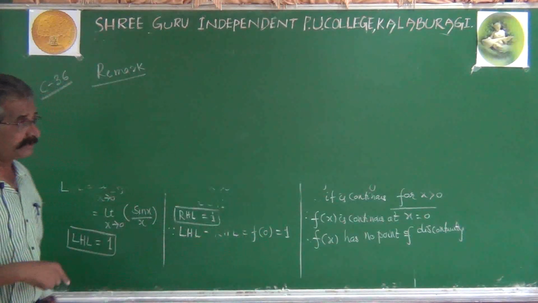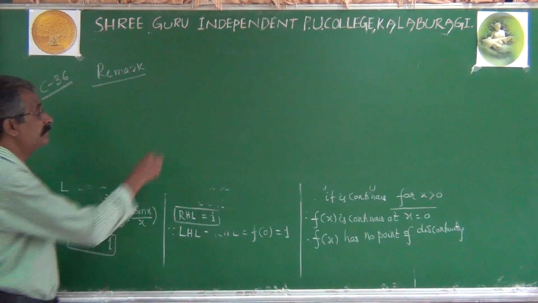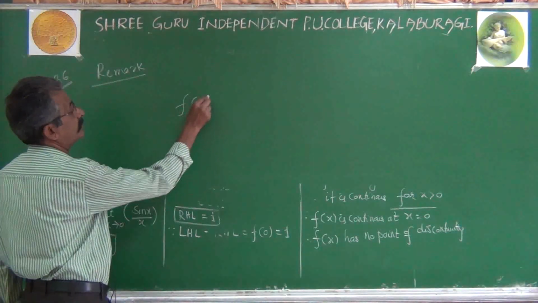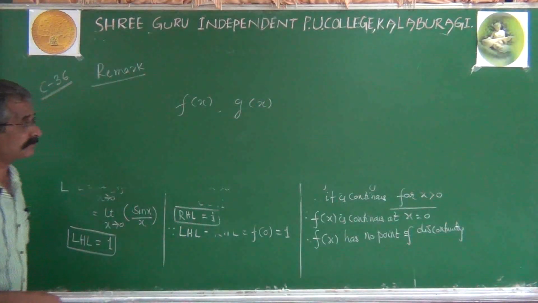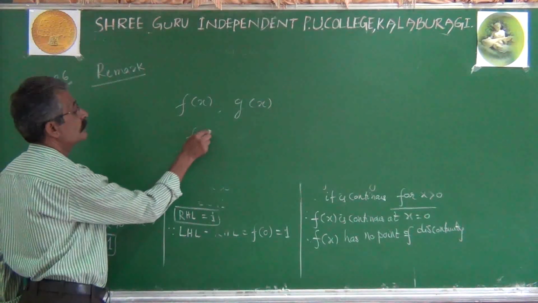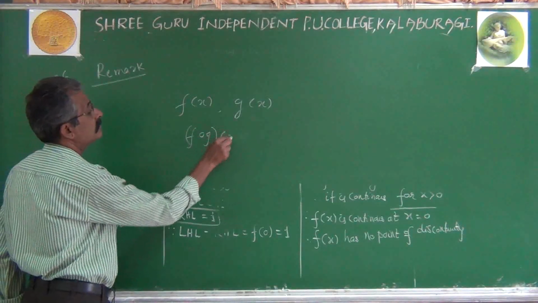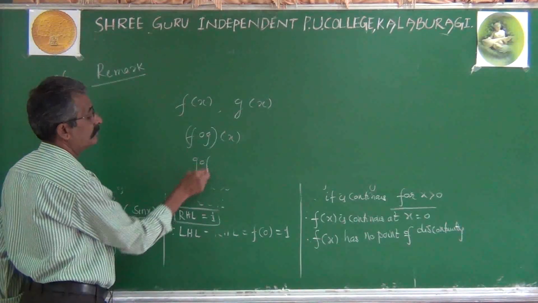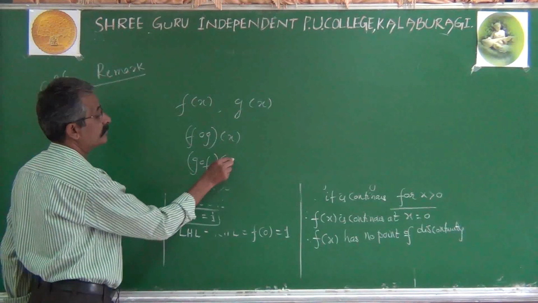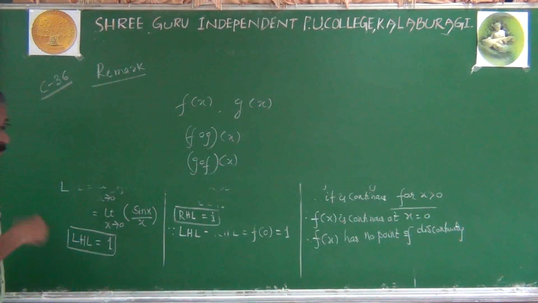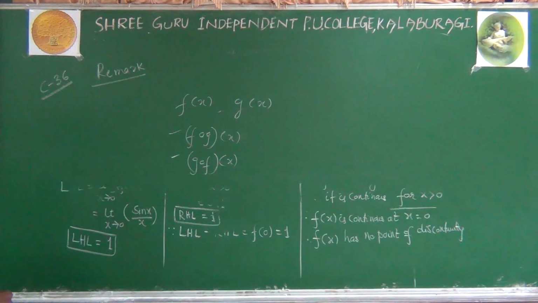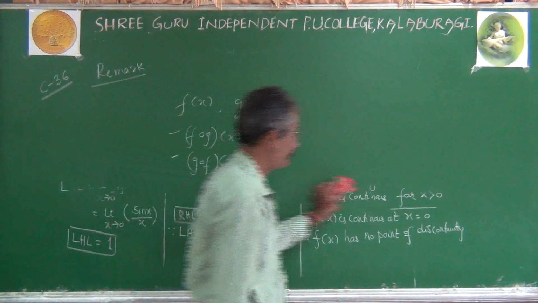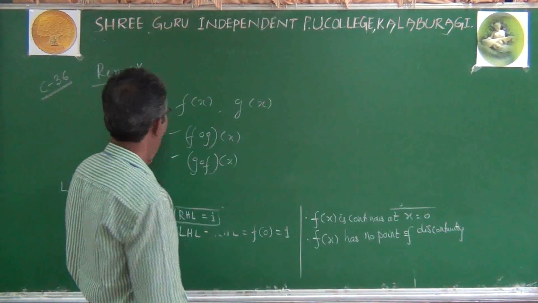What this note says is that if f of x, g of x are continuous functions, then f o g of x and g o f of x, that means f composition g as well as g composition f, these functions are also continuous functions. It's a theorem, but the proof is beyond the scope of the syllabus. So add it in the form of a remark.